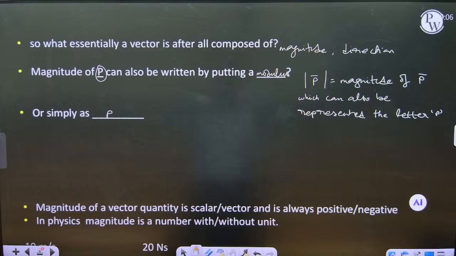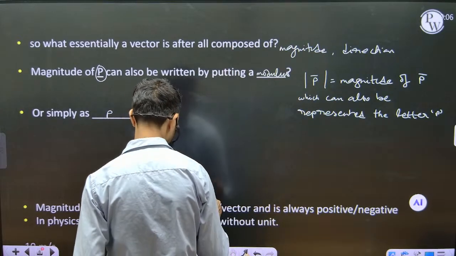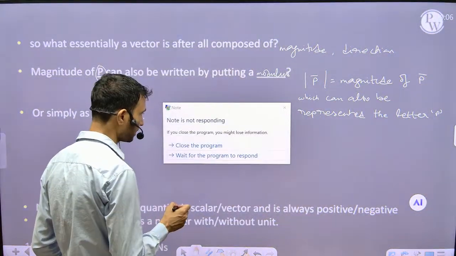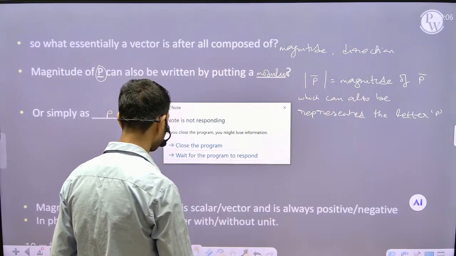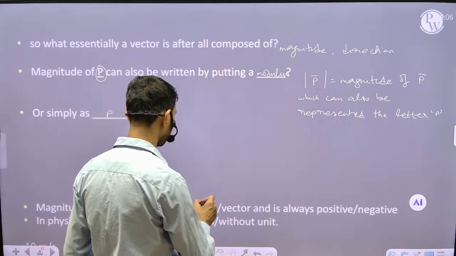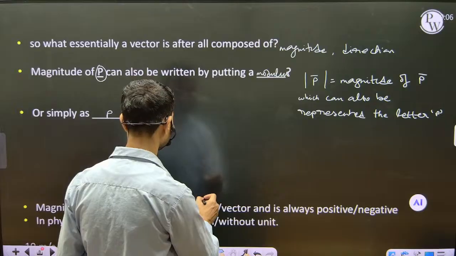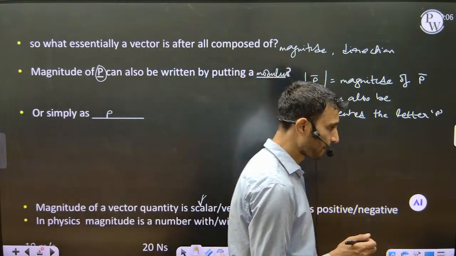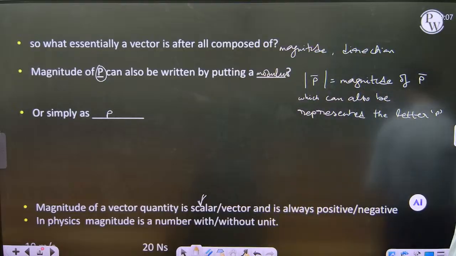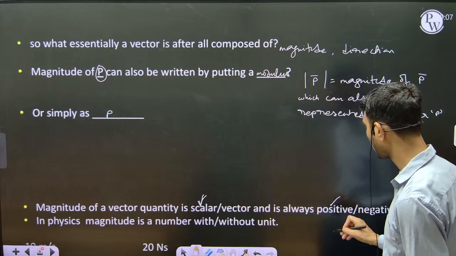Now magnitude of a vector quantity is a scalar quantity or vector quantity? The answer is it is a scalar quantity. And since you have put magnitude, magnitudes are always positive.